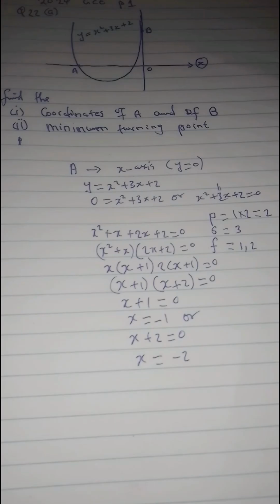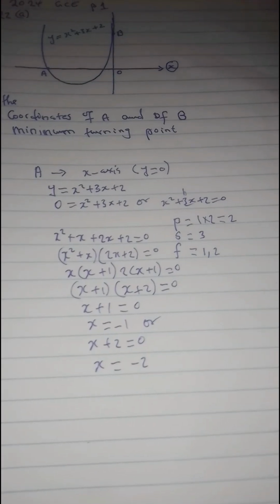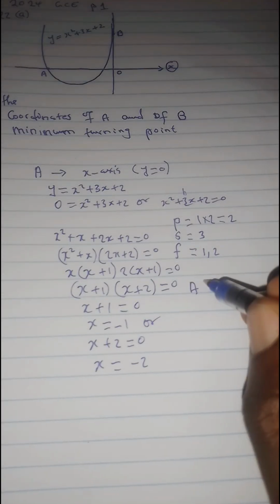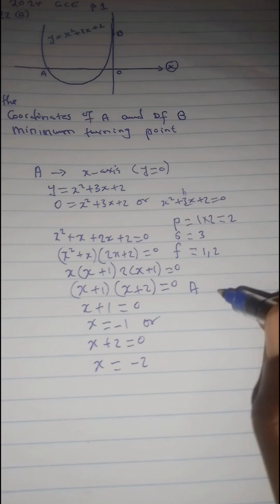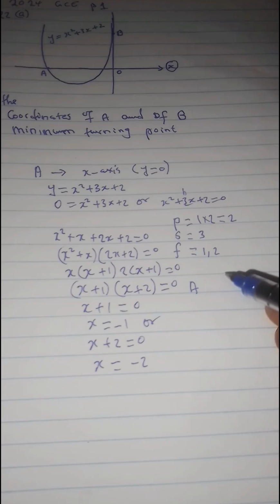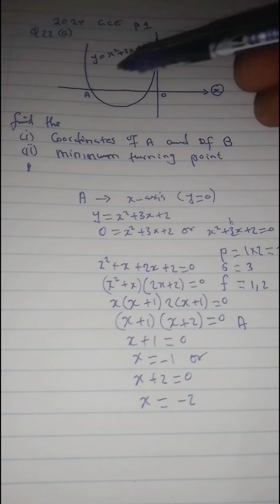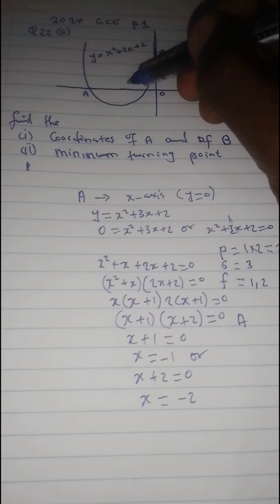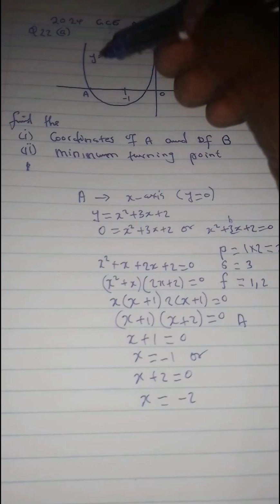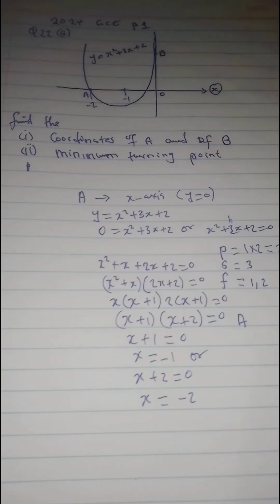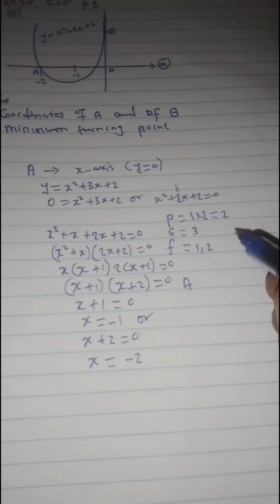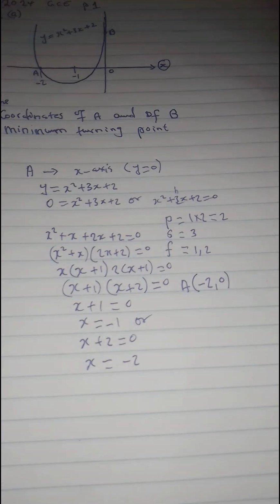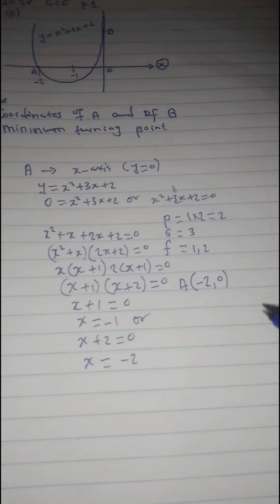Looking at the graph, negative 1 could be there and negative 2 could be there, so the coordinate of A is negative 2 comma 0. That's how you go about that one.